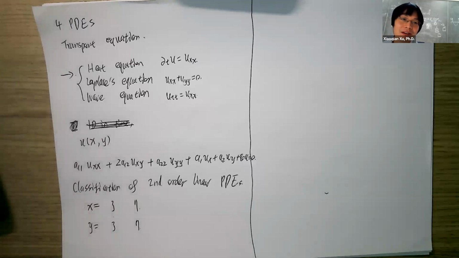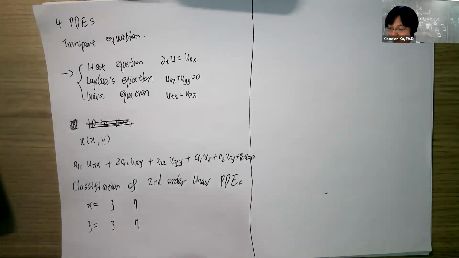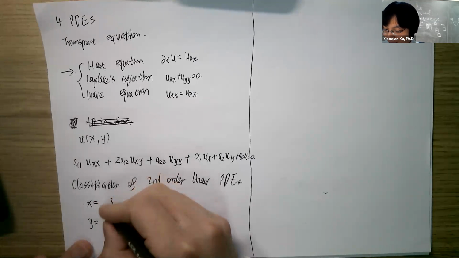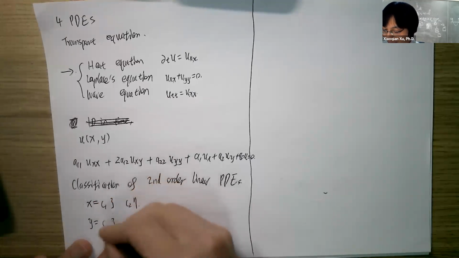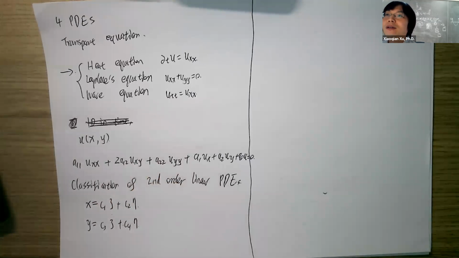Since most of you are using the text, you may know that these are just Greek letters. And maybe you want to put some numbers here, C1, C2, C3, C4. Okay, then this is a well-defined change of variable.